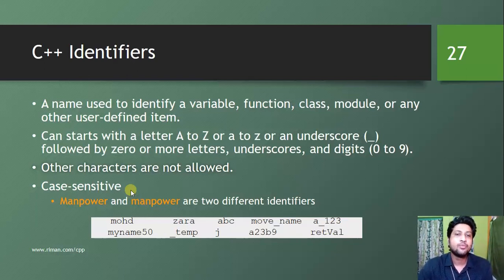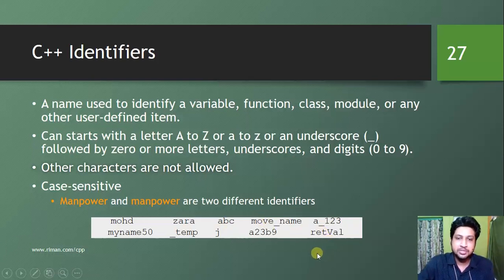It can be followed by more alphabets, underscores and digits. Special characters are not allowed in identifiers. Also, identifiers are case sensitive, like capital MANPOWER and small manpower are two different identifiers in C++.